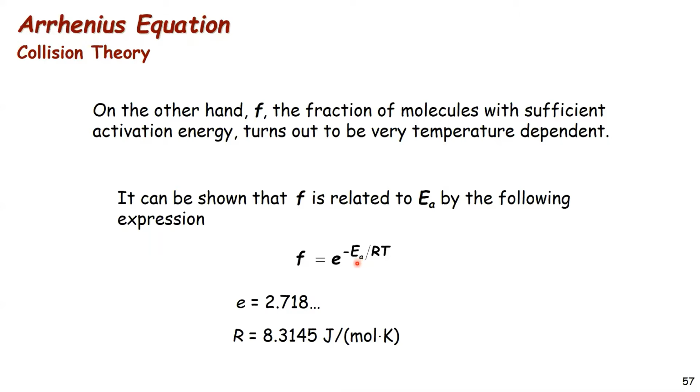So we're going to be able to see that we can increase the rate of a reaction by either decreasing the activation energy, and we'll see we're going to use a catalyst to do that, or by increasing the temperature. Either one will increase the rate of reaction because it's going to increase the number of molecules that actually have enough energy to react.